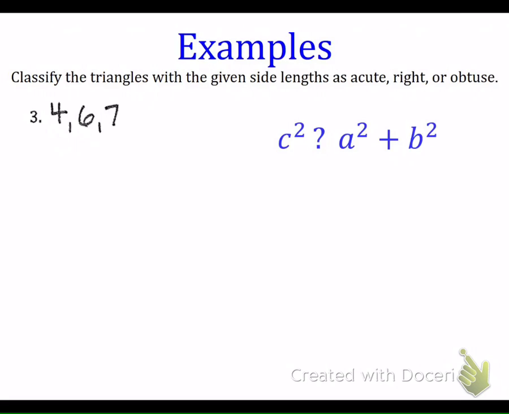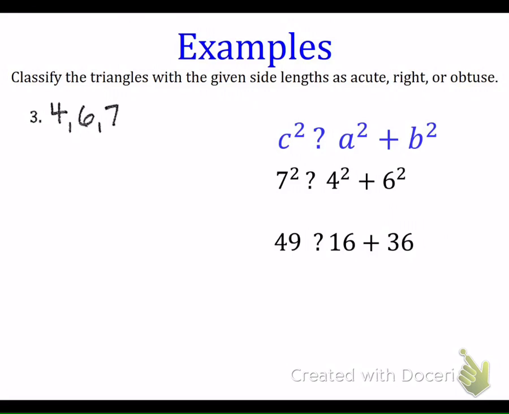A squared plus B squared. The A and B are the 4 and the 6. All right. What do you get? 49. 16. And 36.